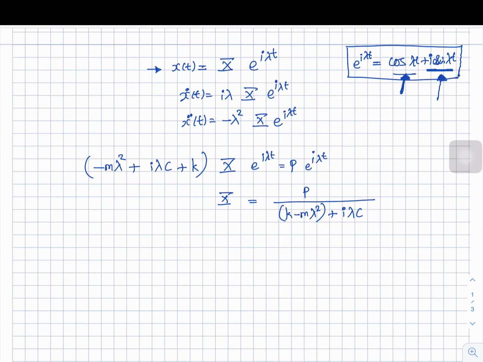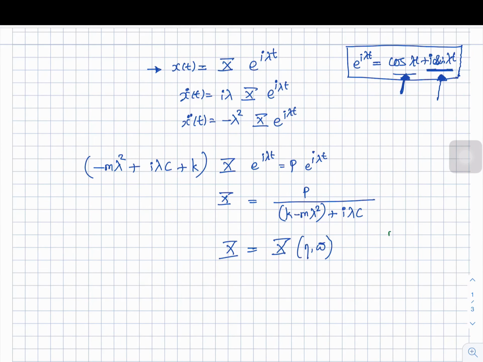Here we do some simplification. We want to write this in terms of eta and omega.